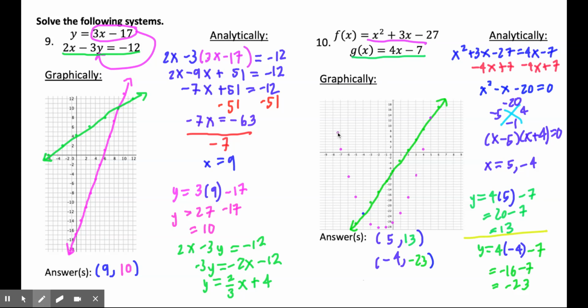Okay, so there's my parabola. There we go.